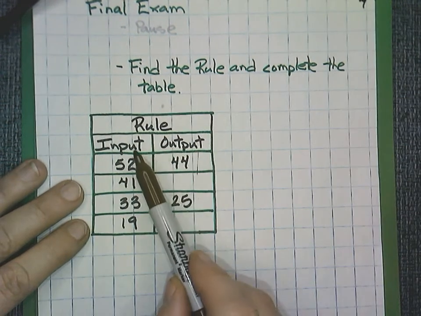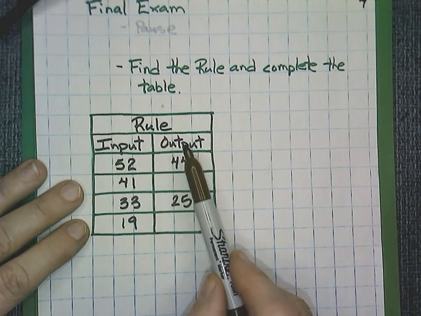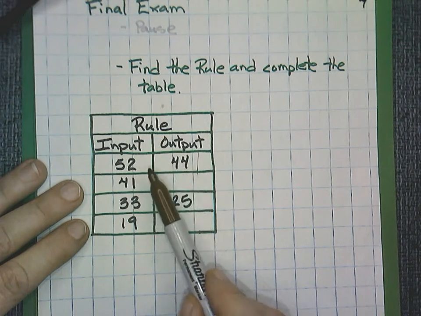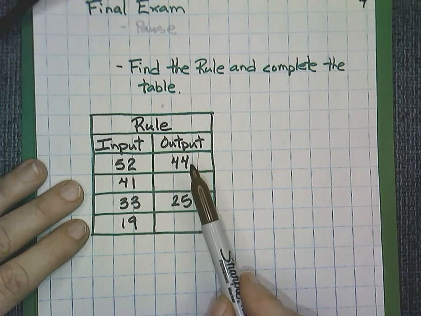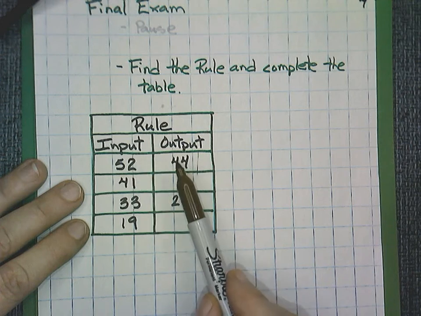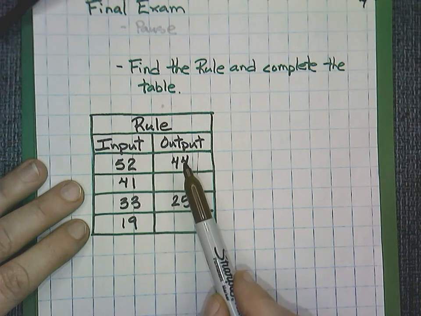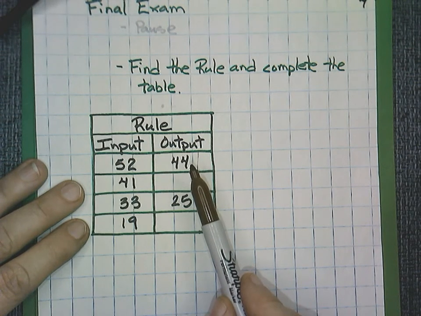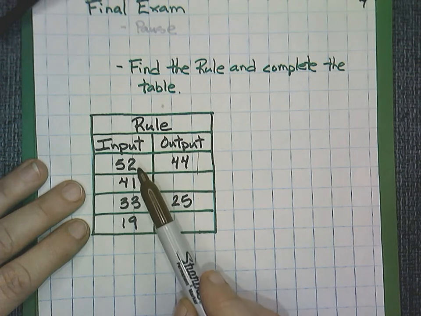I first check my input to my output, and I see that 52 is greater than 44, which means we're getting less. It's either going to be a subtraction rule or a division rule. I know in this case it's more than likely going to be subtraction because I cannot use an inverse operation from division. In other words, I can't multiply 44 by any number and get 52.